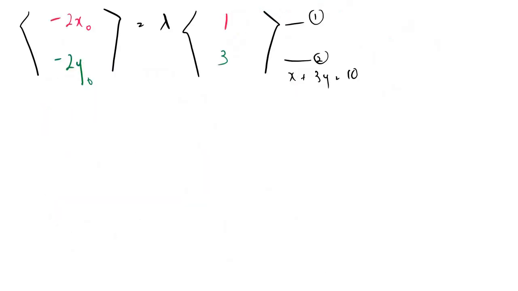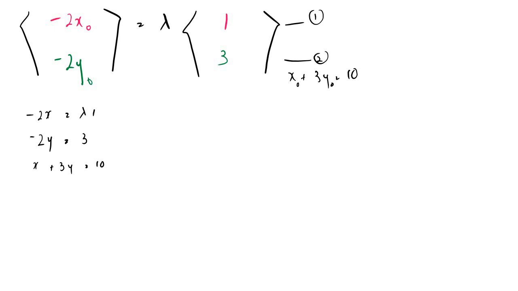The three equations are minus 2x0 equals lambda times 1, minus 2y0 equals lambda times 3, and the third equation, x0 plus 3y0 equals 10. For simplicity, we will delete the zeros, and remember that whatever solutions we get belong to the critical points x0, y0.